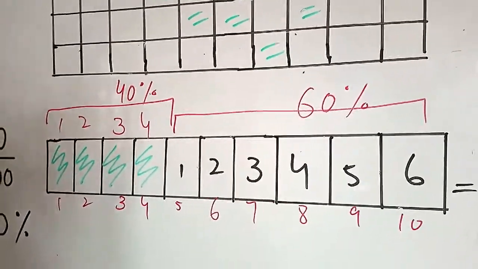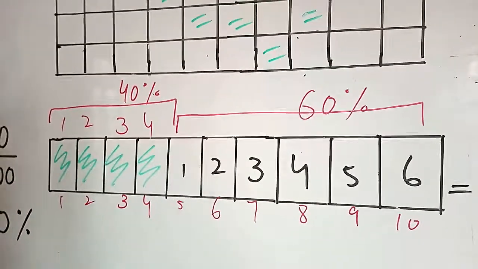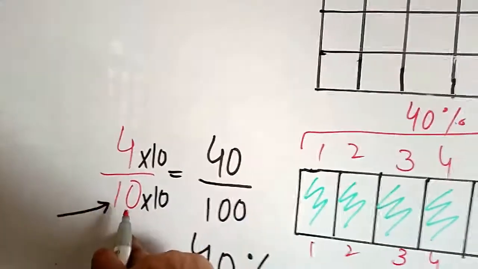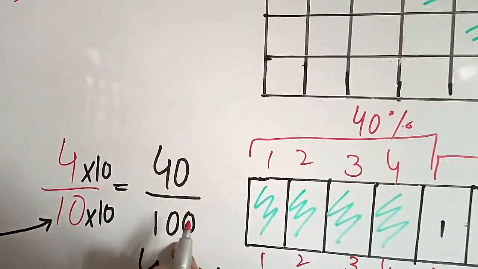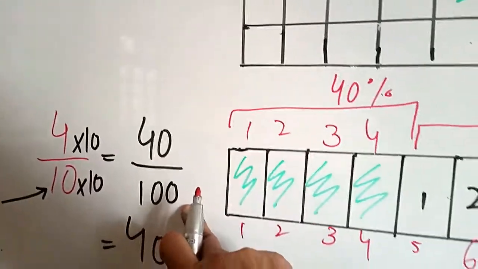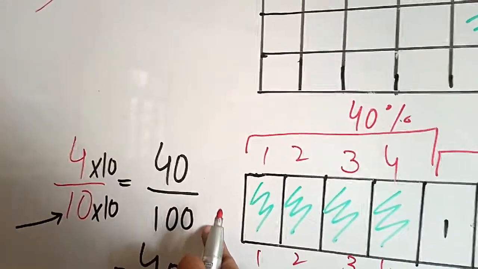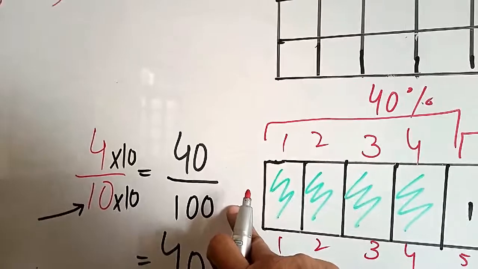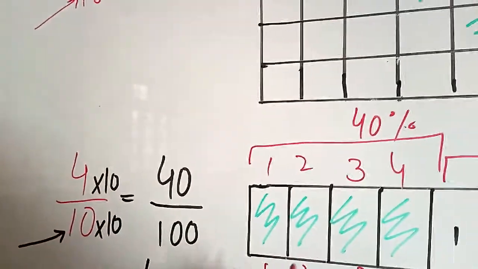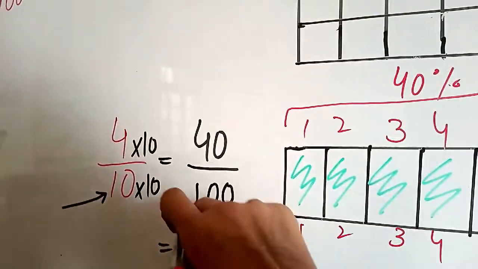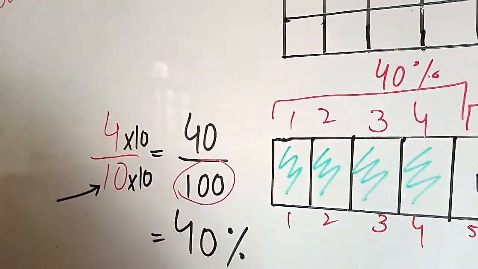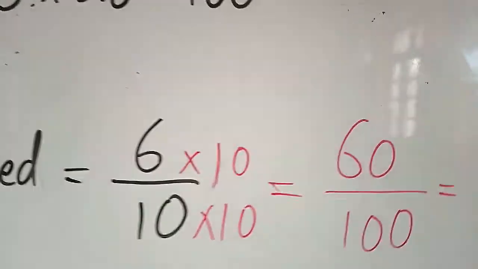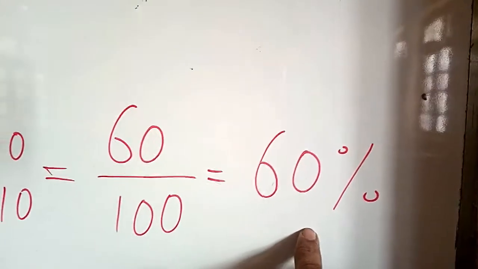Clear? Again listen, first of all we have to write the given thing in fraction form. Then we have to make the denominator 100 because we are doing percentage. The topic is percentage. We have to find the percentage of the given number. Again, 40% shaded and unshaded parts are 60%.